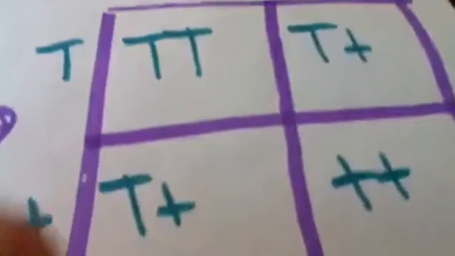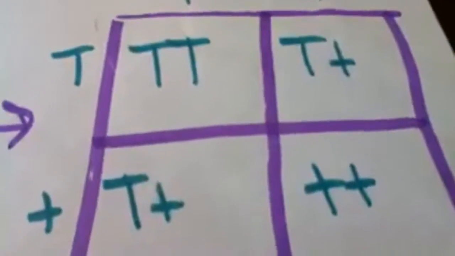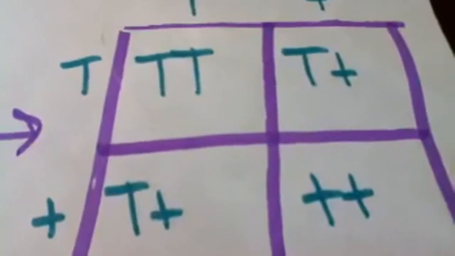But you see, here, the dominant allele is present in 3/4, which means there's a 75% chance that the offspring, or the F2 generation, is going to be tall.